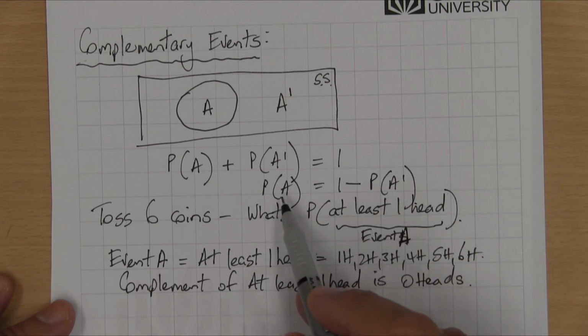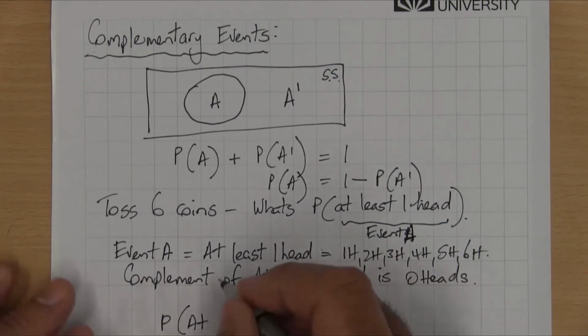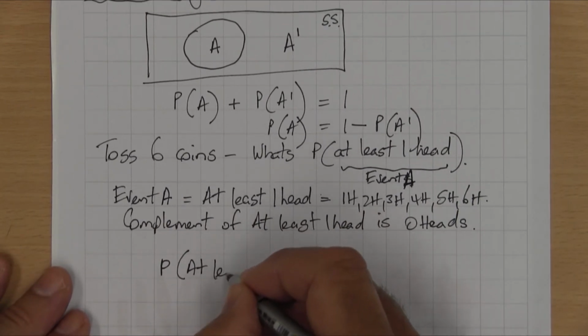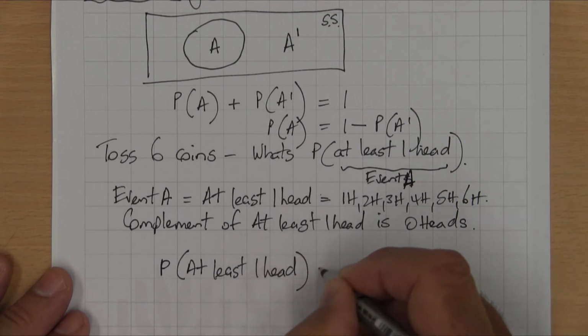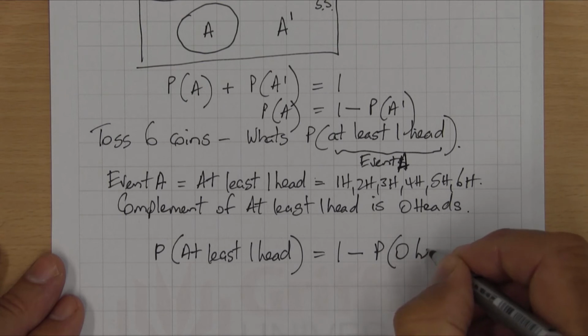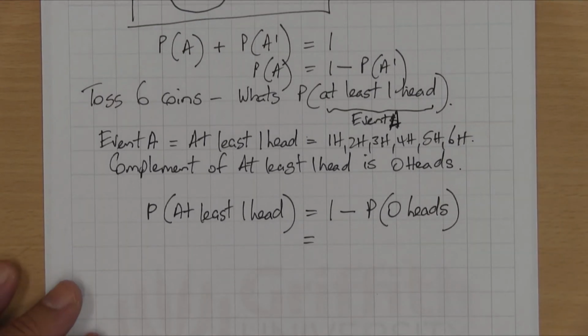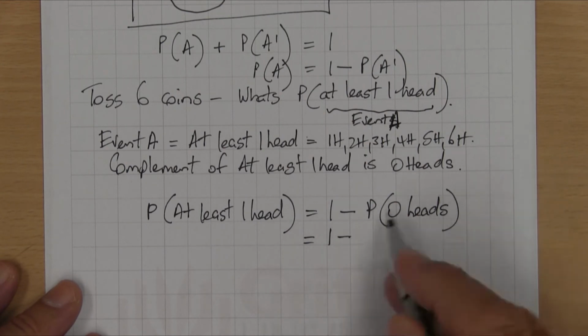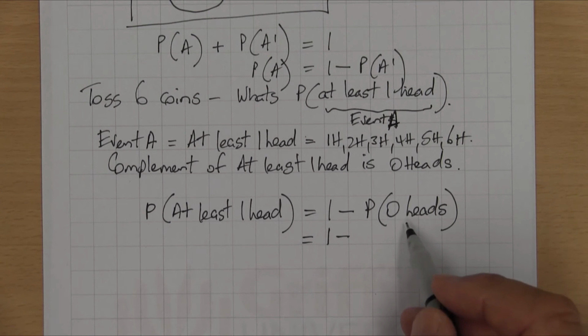So the probability of at least 1 head, which is A, equals 1 minus the probability of 0 heads. Now, the probability of 0 heads means we've got to get 6 tails.